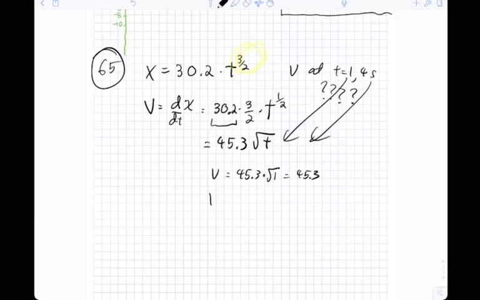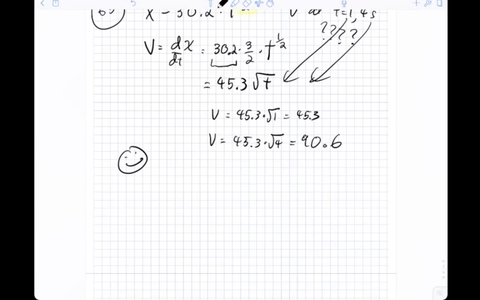And the second one is 45.3 times square root of 4, so it's 90.6. Ta-da! Any questions? Okay, so that's 65.